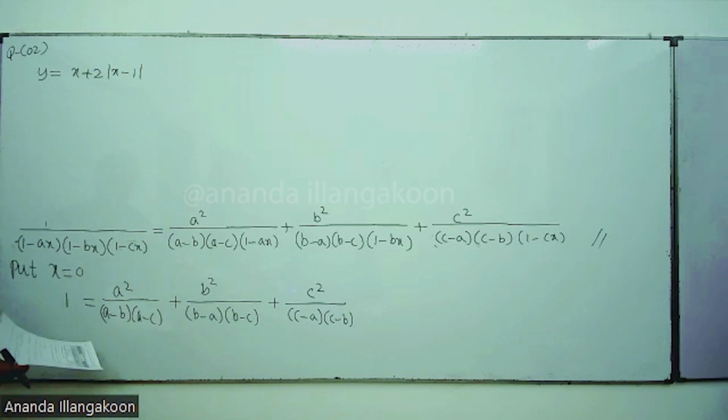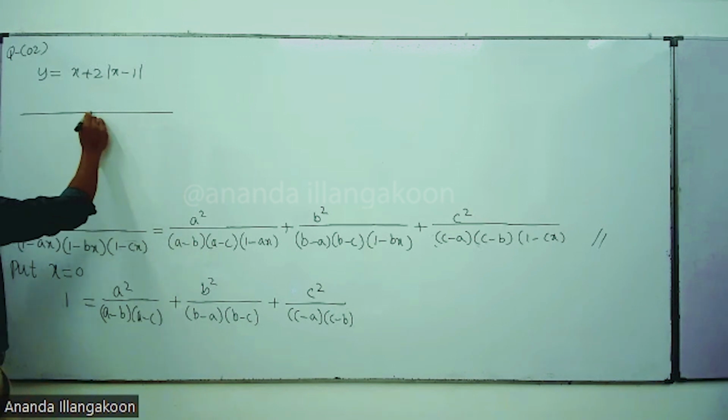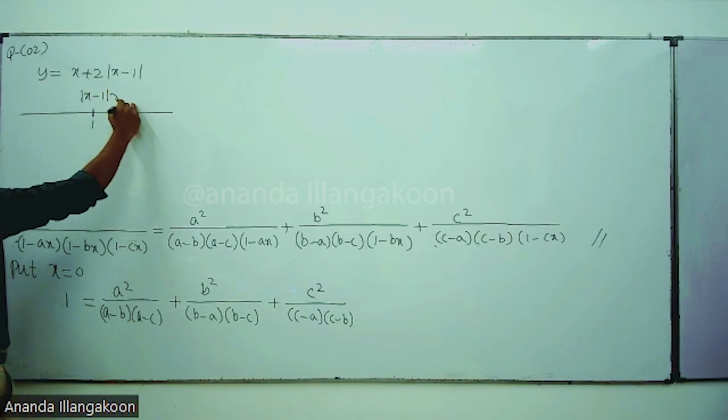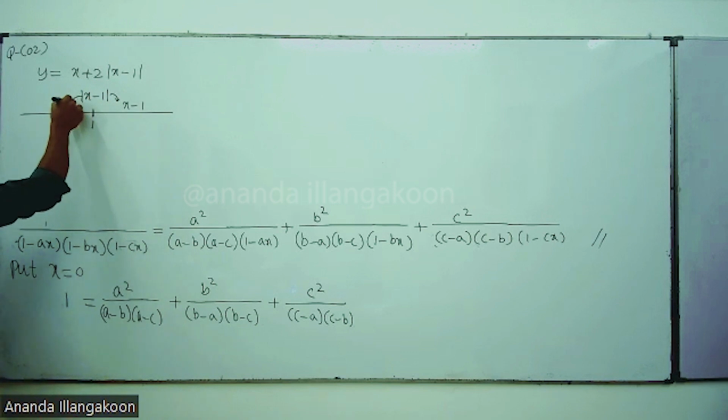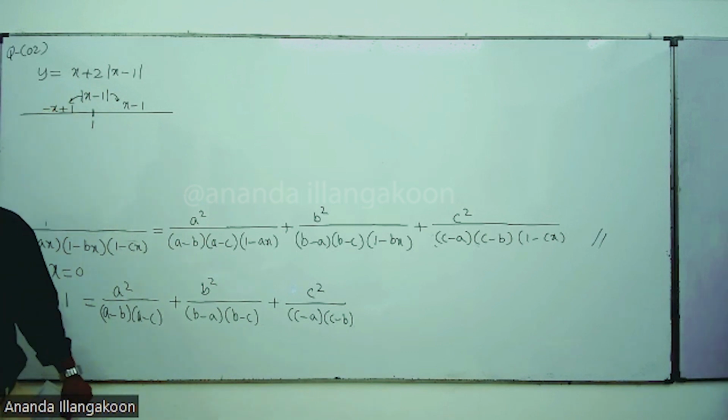You can define mod x minus 1. It changes at x equals 1. Mod x minus 1 on the right of 1 is x minus 1, and on the left of 1 it is minus of x minus 1, that is minus x plus 1.